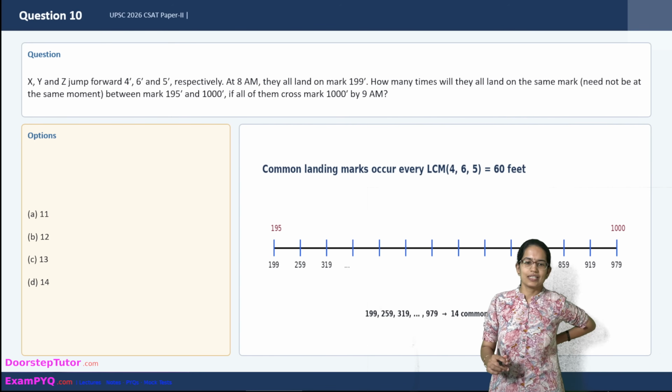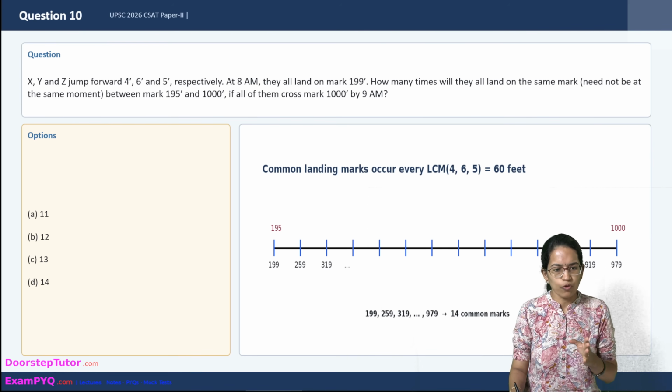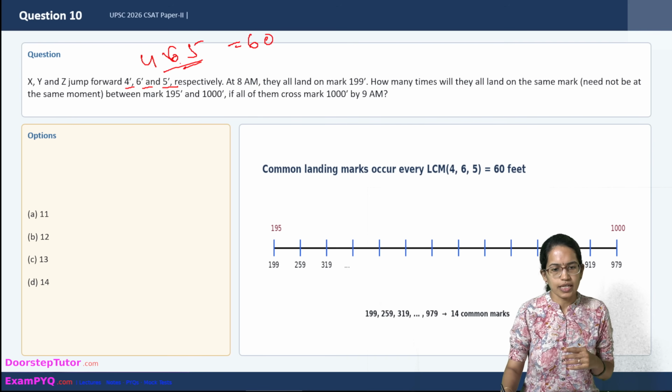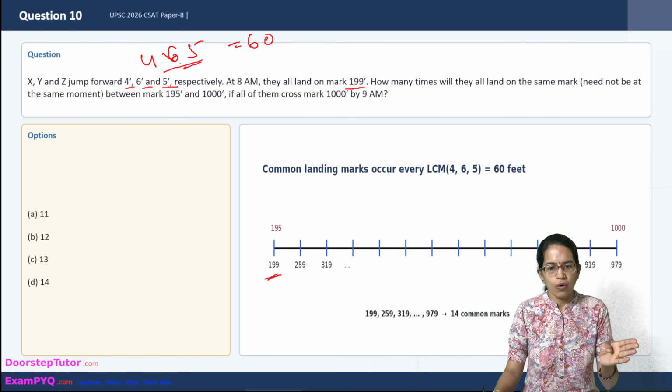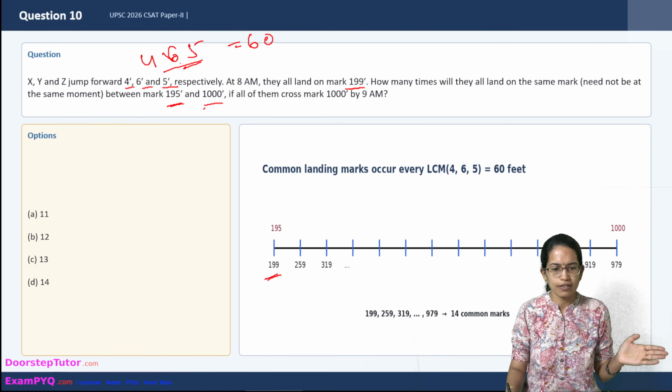The next question is a simple question on LCM. You have X, Y and Z jumping forward with 4, 6 and 5. So when I take LCM of 4, 6 and 5, I get 60. Now the question says at 8 am they were at 199 mark. Now how many times would they land on the same mark if they move from 195 to 1000?